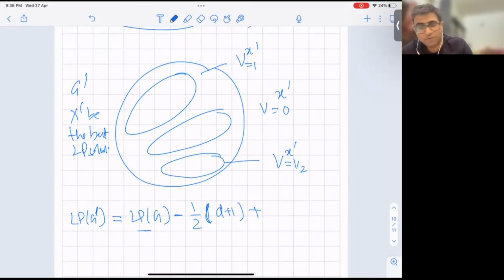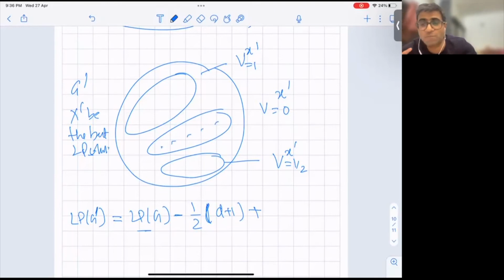Look at V1 of x prime and V0 of x prime. What happened? How much more do I need to add? These vertices in V0 are assigned 0 by x prime, right?